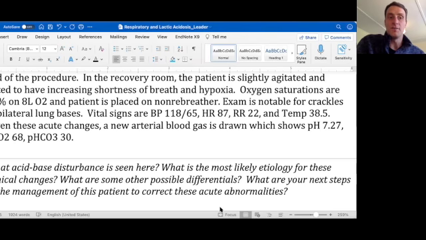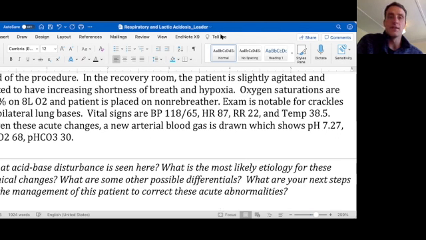Okay, very good. Yeah, you've looked at some of those clinical signs there and made that diagnosis. With his underlying COPD, he may not be able to compensate for pulmonary edema, and that could lead to inadequate respiratory effort, leading to elevation in PCO2 and respiratory acidosis.